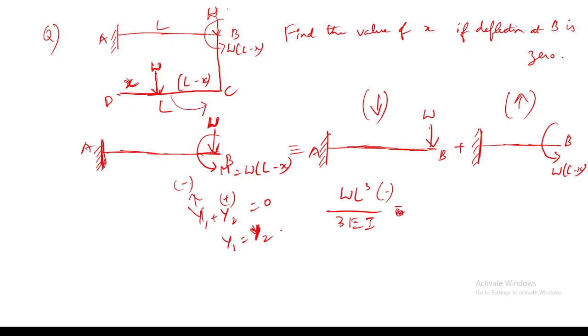Or else, if I'm taking the sign convention, then I can write it with the sign convention and go on. So WL cube by 3EI equals what? ML square upon 2EI, where M is W into L minus X, into L square divided by 2EI.